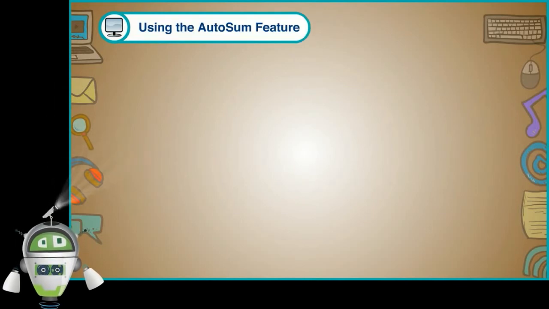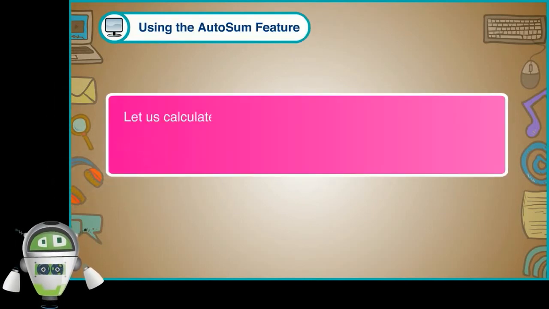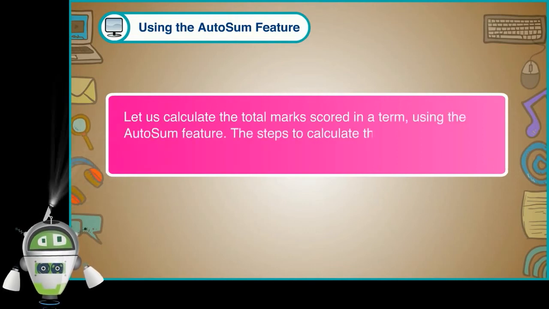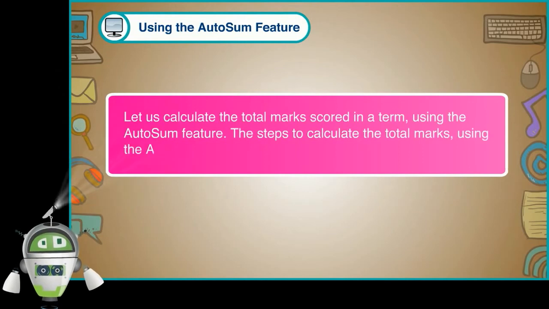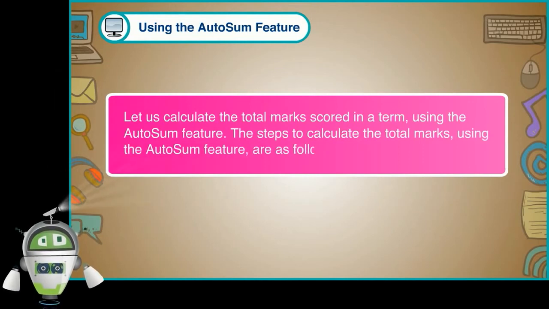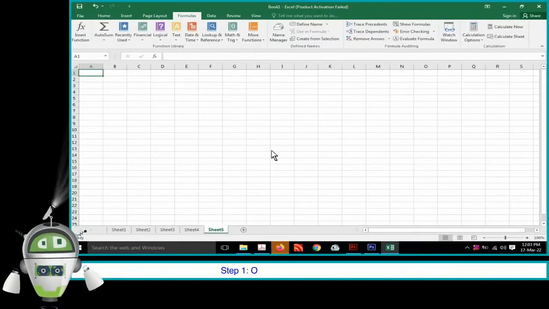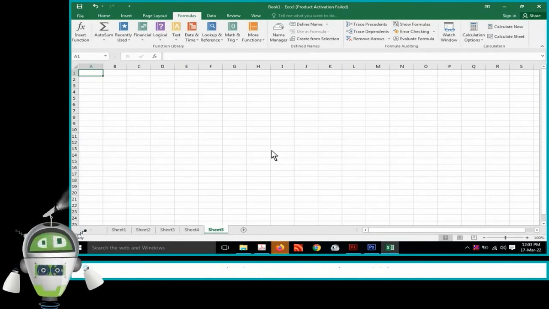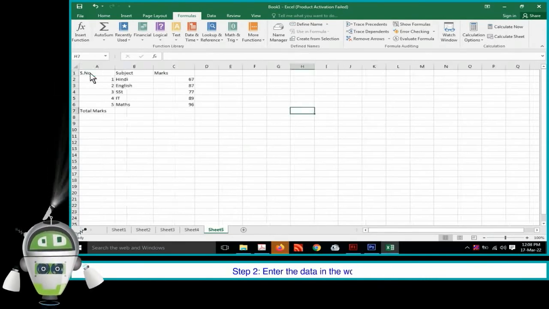Using the AutoSum feature. Let us calculate the total marks scored in a term using the AutoSum feature. The steps to calculate the total marks using the AutoSum feature are as follows. Step 1. Open a new worksheet in Excel 2016. Step 2. Enter the data in the worksheet. Step 3.